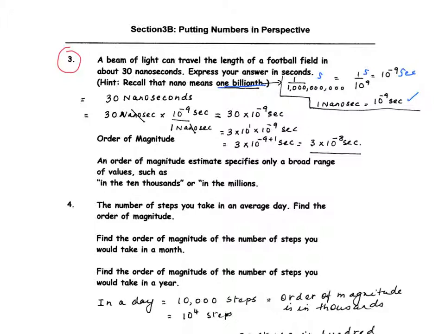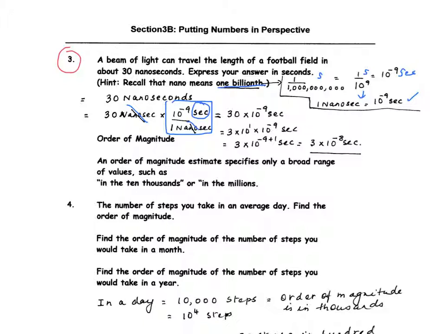So we consider the two ratios, 1 nanosecond over 10 to the negative 9 seconds, or 10 to the negative 9 seconds over 1 nanosecond. The second one is what works best for us because we want to be able to cancel out nanoseconds and make sure that our final answer is in terms of seconds.